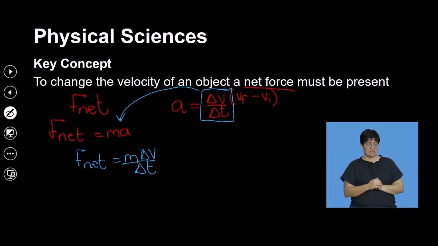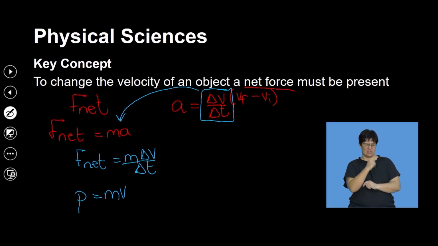Now we're starting to see something that looks a little familiar, because I've got a mass and I've got its velocity, and we know that momentum is mass times velocity. But that's a change in velocity.